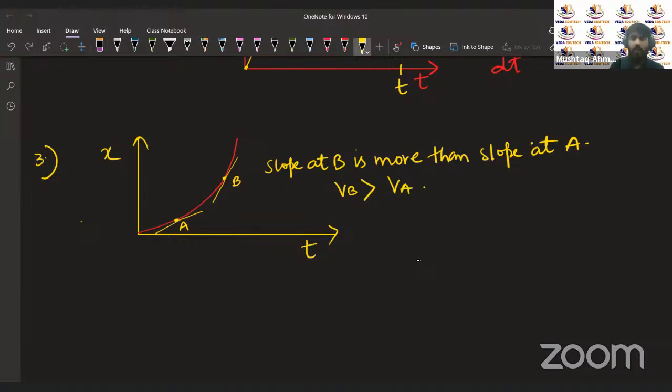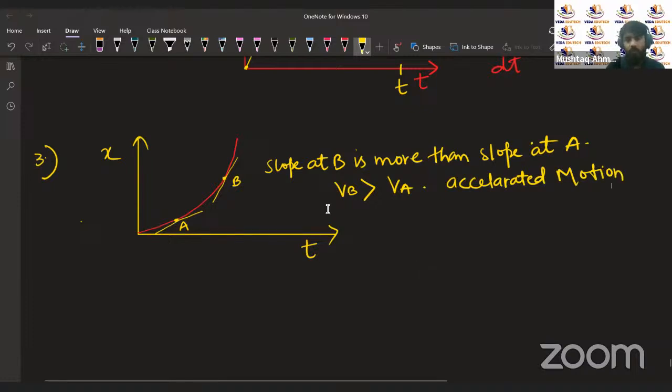Or we can say that the speed is increasing continuously. The speed is not constant, it is changing because the slope of the position time graph is changing. We can say that this is an accelerated motion, because the speed is different at different points.